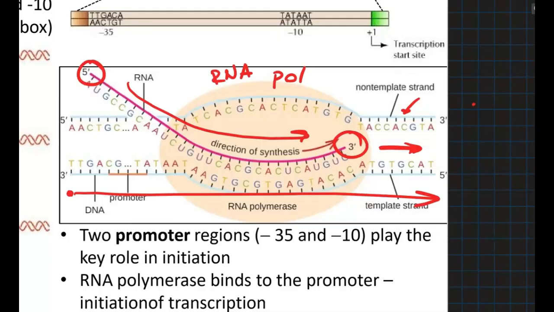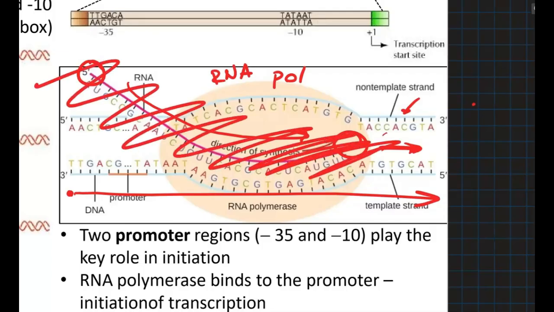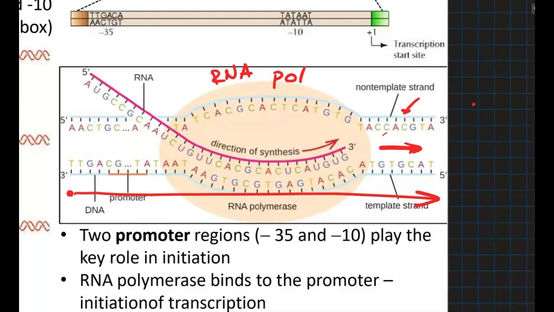Do you agree with my placement of an arrow? Now, if you look at the synthesized RNA, the 3' end is here, and the 5' end is here. So it's all good. The freshly synthesized RNA strand is anti-parallel. But the synthesis, the new nucleotides, are added right here, at this end. So the synthesis goes from 5' to 3'.